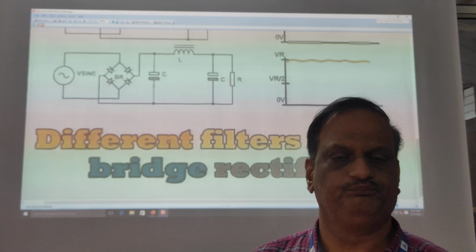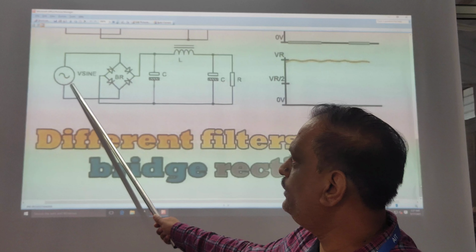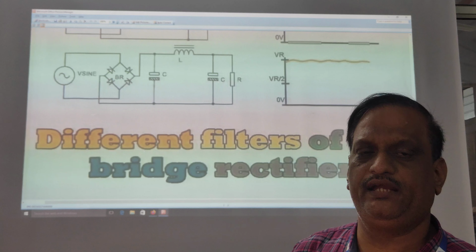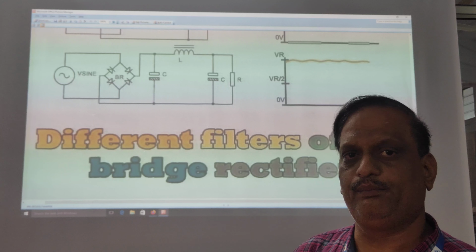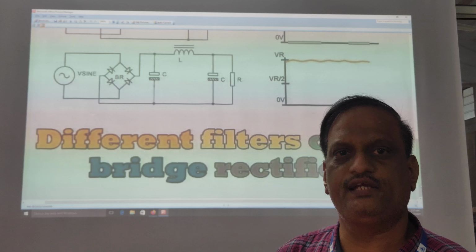But again, the important thing is that here the input voltage is 50 Hertz. Now suppose I want to change my input AC voltage. Suppose I apply a very high frequency, let us say 5 kHz or 10 kHz.